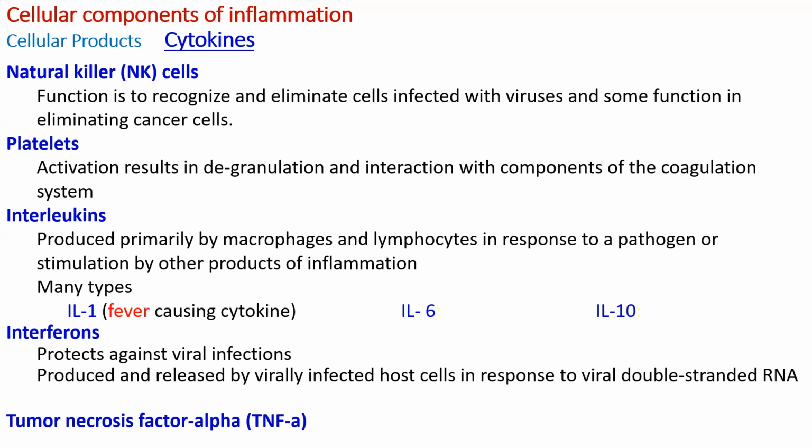They're produced primarily by macrophages and lymphocytes, in response to the pathogen or stimulation by other products of the inflammation. So the presence of these pathogens will stimulate the production of interleukins by the macrophages and lymphocytes.